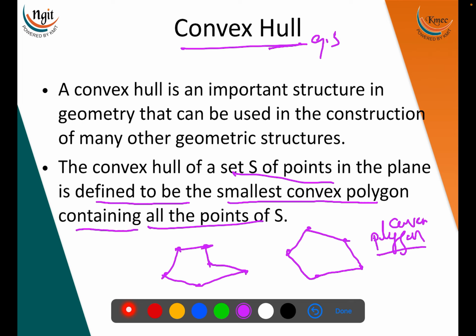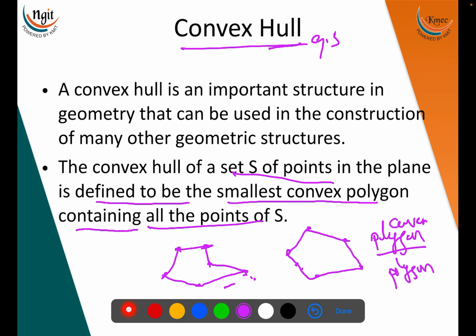I can call this a convex polygon. Now can I also call this a convex polygon? Let's see the differences between these two. I can call these two polygons, but I cannot call these two convex polygons.